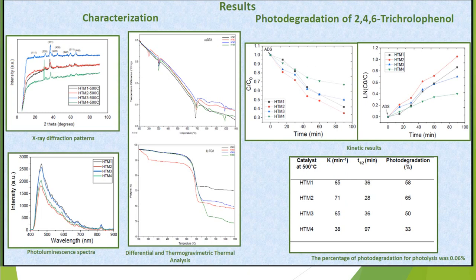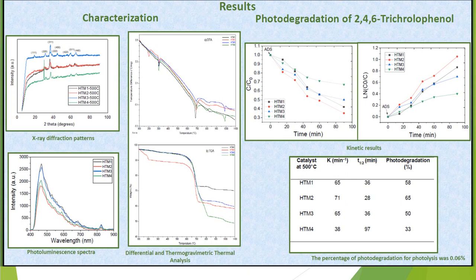In relation to the loss of weight, as can be seen, the precursor HTM2 presents a large weight loss associated with the elimination of water around 200 Celsius degrees, since it decreased up to 12% of its original weight, while the HTM3 and HTM4 samples have a similar weight loss of 3.5%.